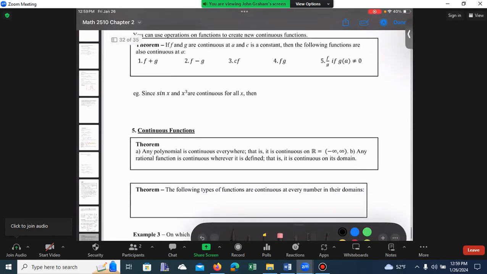So sine, which looks like this, is a continuous function. X cubed is a continuous function. So sine of x plus x cubed is continuous. X cubed plus sine of x is continuous. Sine of x minus x cubed is continuous.